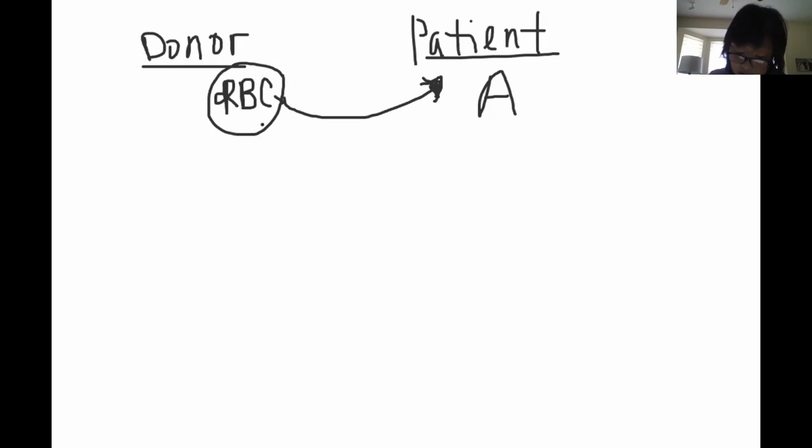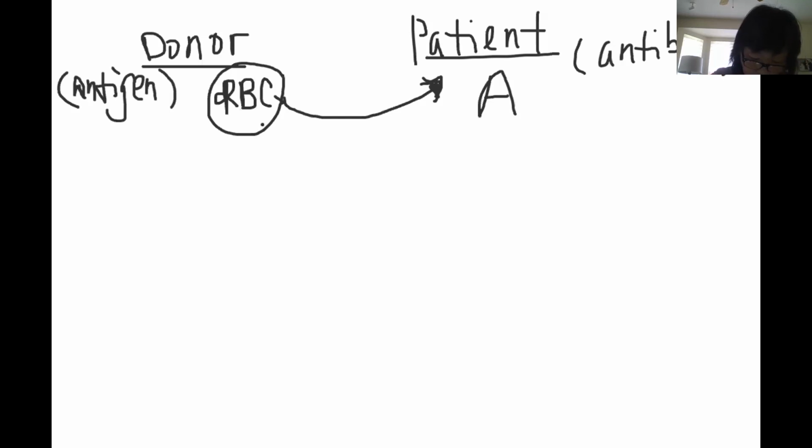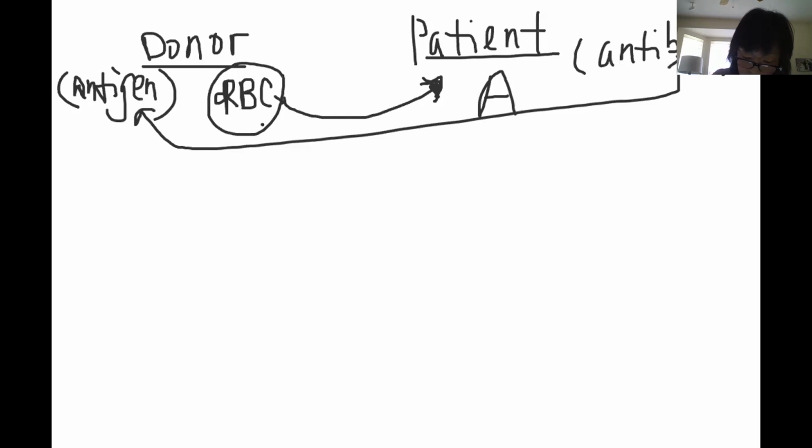One more time, the patient's antibody cannot react with the donor's antigen. If this antibody can react with this antigen, then you're going to destroy all of these RBCs.